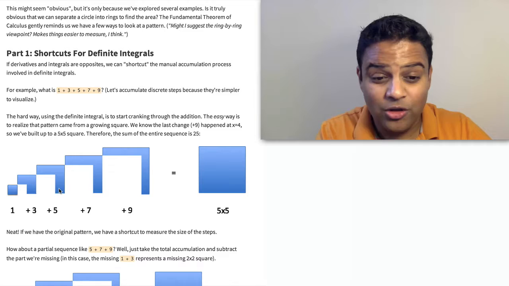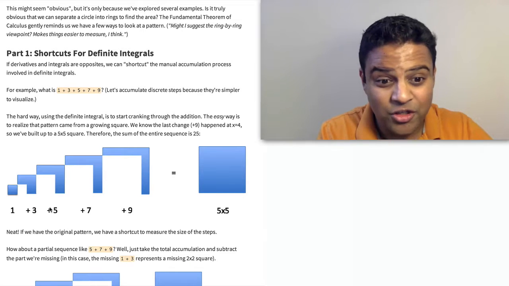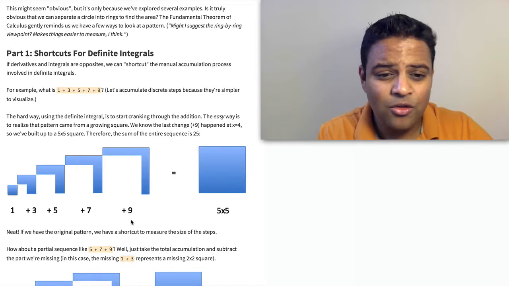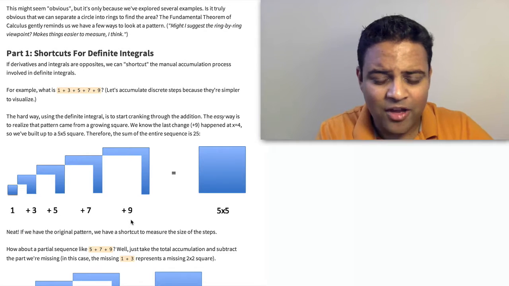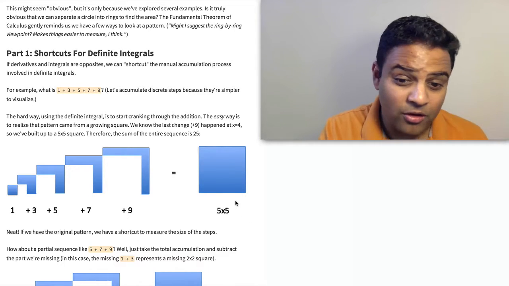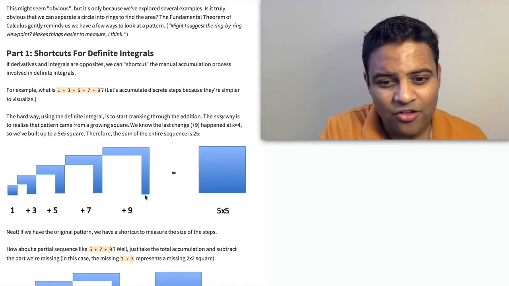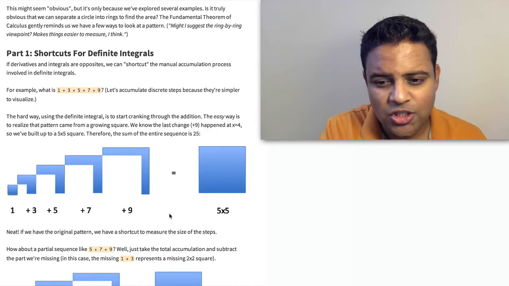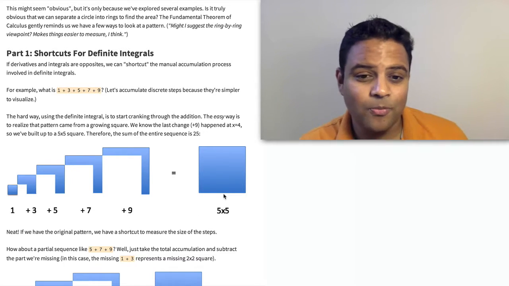Now in this case we're going to use a plus 1 because these are integer steps. And so if someone asks you what's 1 plus 3 plus 5 plus 7 plus 9, you can say, well, that last step would have taken me from 4 to 5. That means I built up a 5 by 5 square, and that's what it is, 25. So you can sidestep all this manual computation and hop right to the end result.